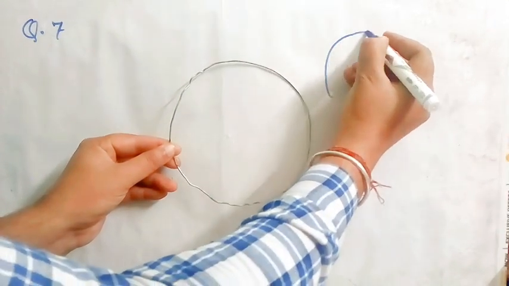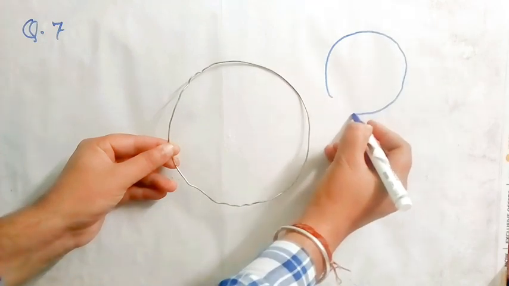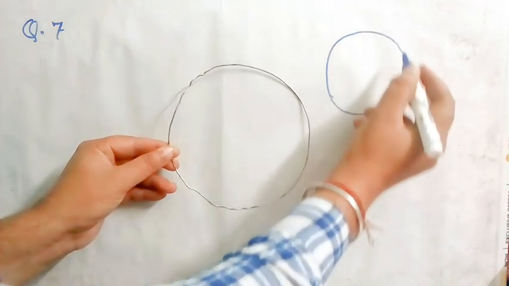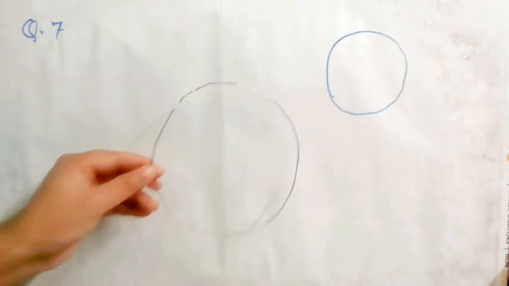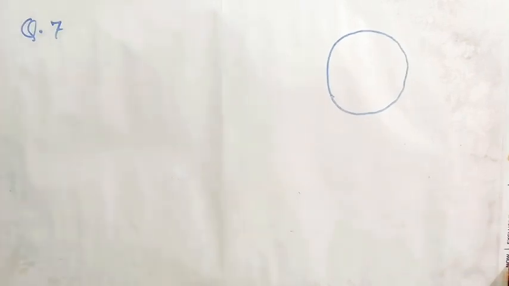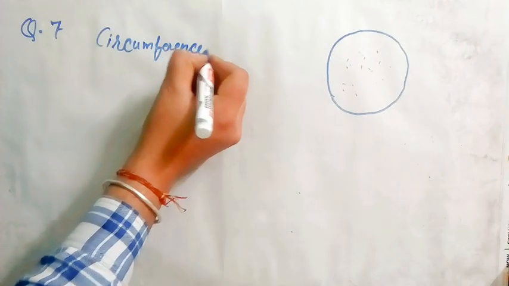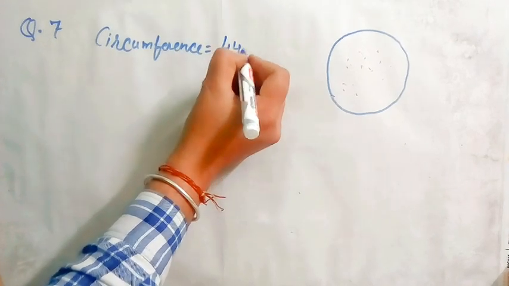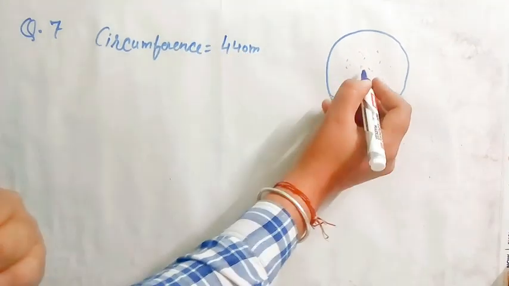So this is the circular form where the length of the boundary is the length of the wire. Therefore the circumference is given equal to 440 meter.